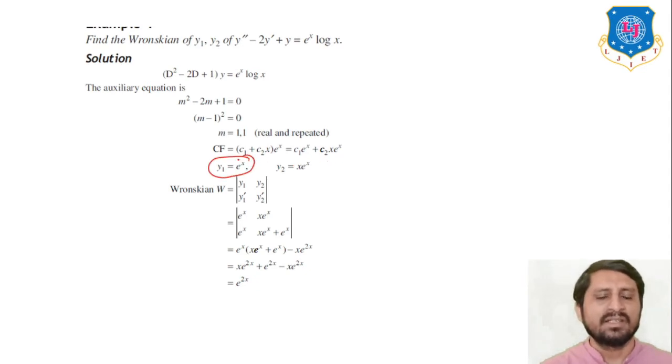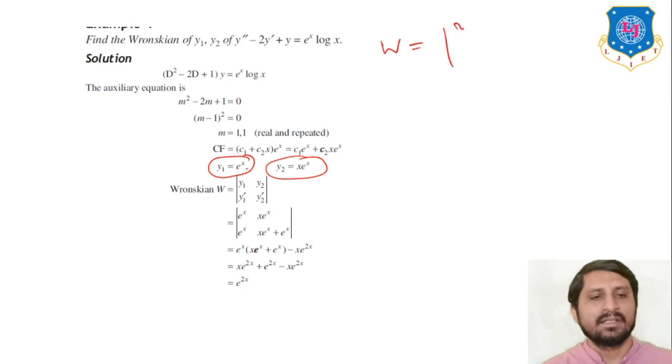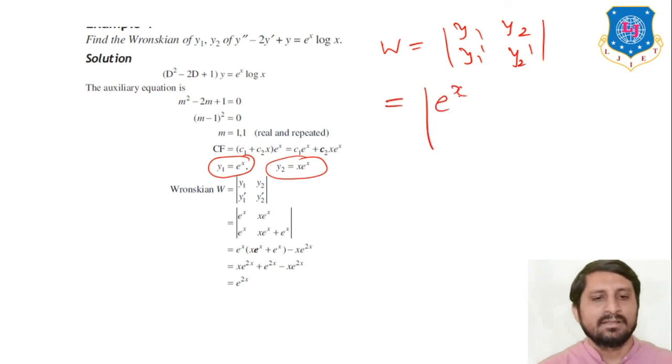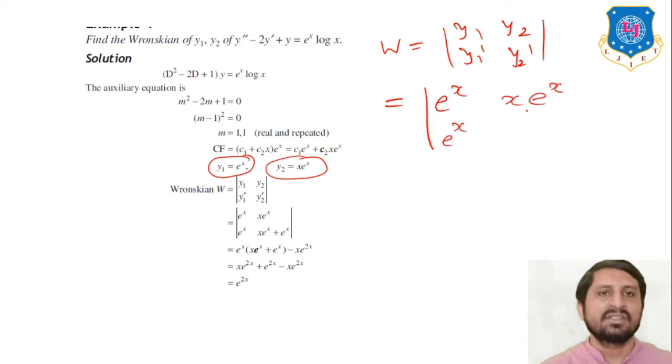So y1 is e raised to x, y2 is x e raised to x. The Wronskian determinant, y1 y2 y1 dash y2 dash, is equal to e raised to x, x e raised to x, the differentiation of e raised to x, that is e raised to x, and the differentiation of x e raised to x.